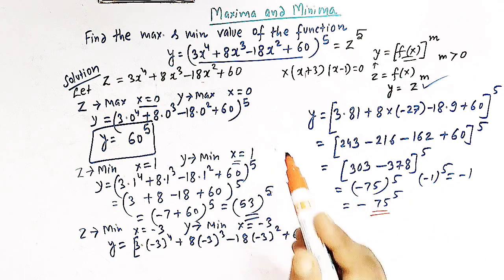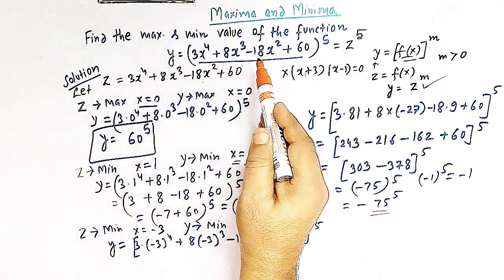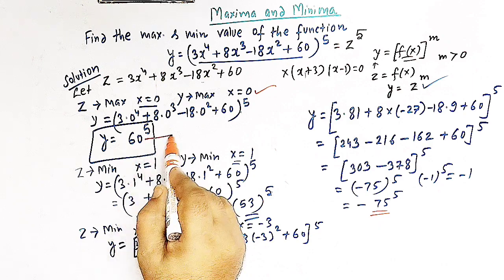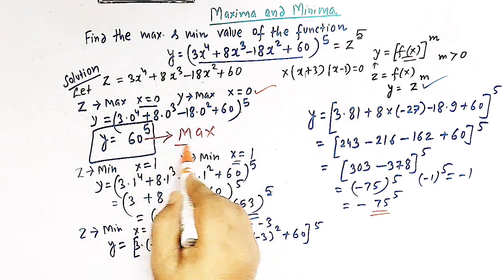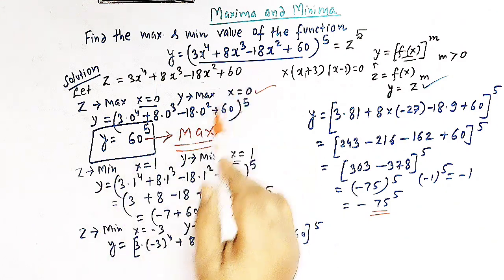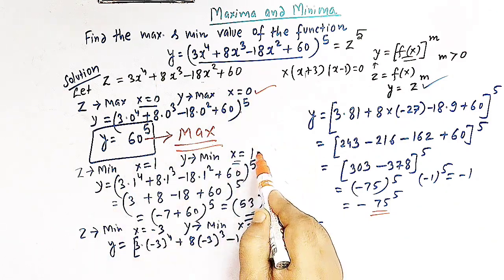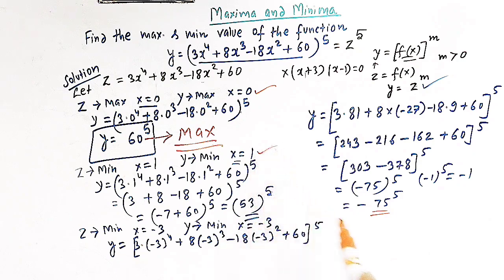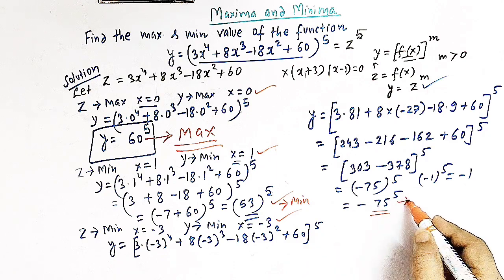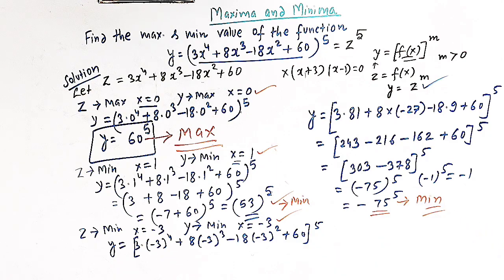Whereas here we have seen that this function y is maximum at x is equal to 0, and this is the maximum value, that is 60 raised to 5, and the minimum value occurs at 2 points, that is x is equal to 1 and x is equal to -3, and the minimum values are (-75) raised to 5, and this is minimum, and here this is also minimum, right?